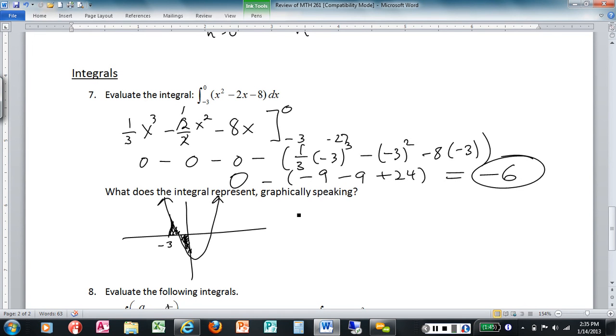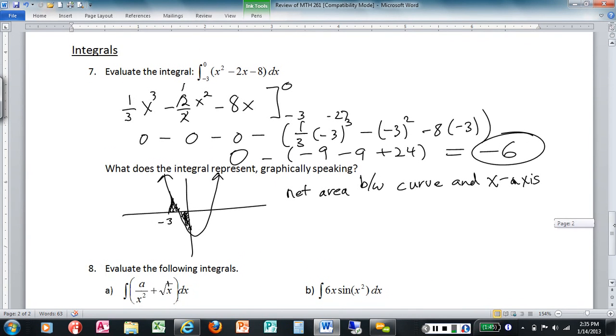So it's the net area between the curve and the x-axis. That's what it is. And in this case, it looks like the area below the x-axis outdoes the area on the top of the x-axis. So just remember that. There's other different things, but okay.